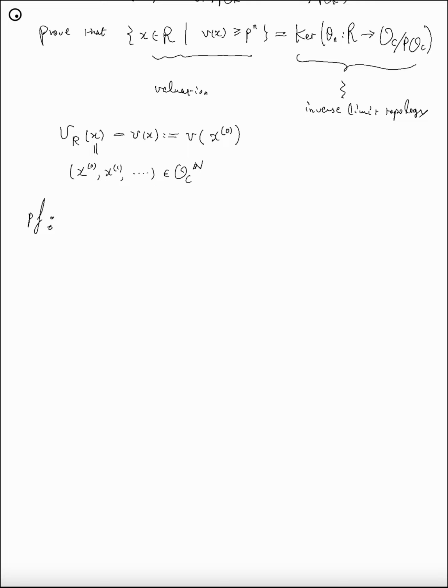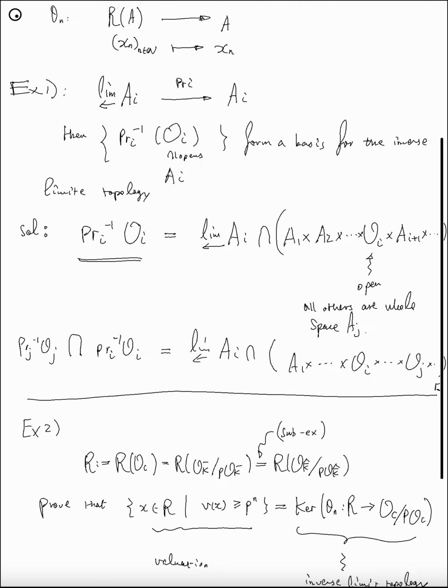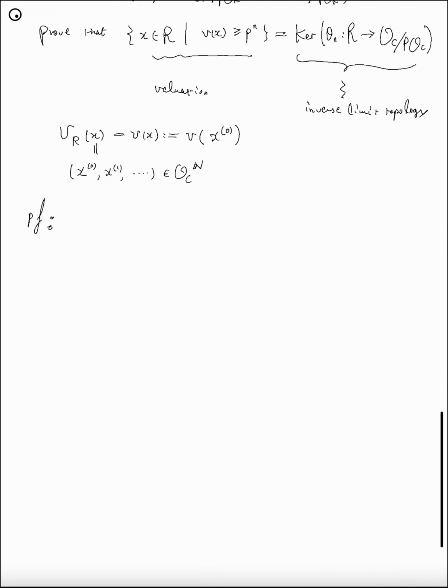Okay, let's prove this. This is quite direct, actually. So let's say x is in the kernel of theta n if and only if... if and only if what? x_n is in pOC? Let me think.